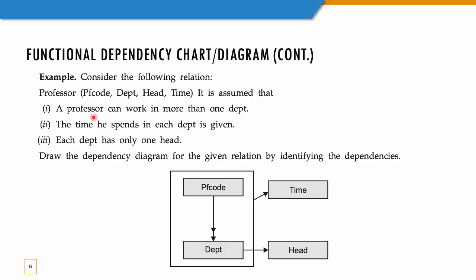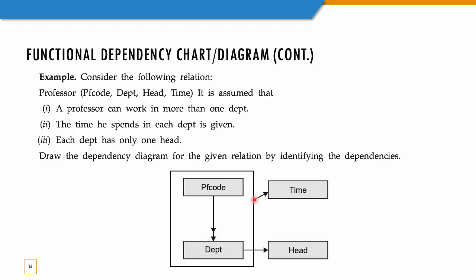Each department only has one head. To draw the dependency for the given relation, as you can see in this picture, we draw a rectangle, and the time is dependent on the professor code and department.